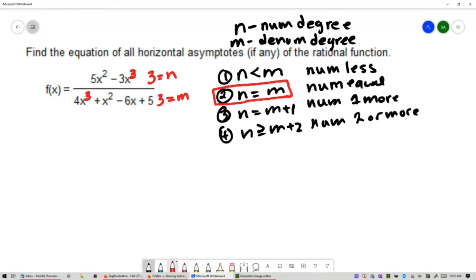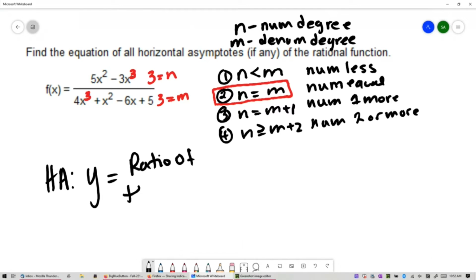When the degrees are equal to each other, the horizontal asymptote is going to be y equals the ratio of the leading coefficients. The leading coefficients are the coefficients that match those highest degree terms.